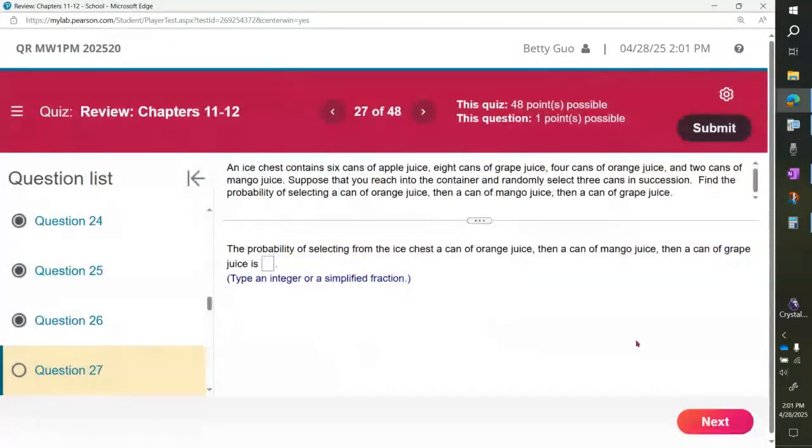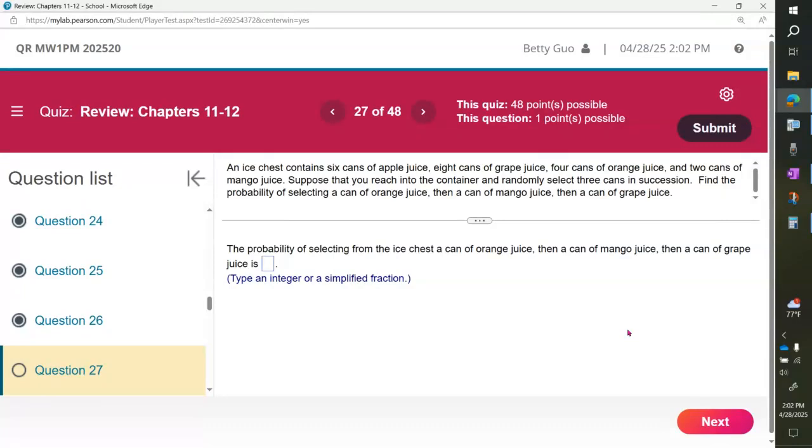Question number 27. An ice chest contains 6 cans of apple juice, 8 cans of grape juice, 4 cans of orange juice, and 2 cans of mango juice. Suppose that you reach into the container and randomly select 3 cans in succession.